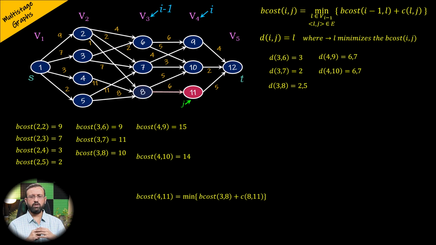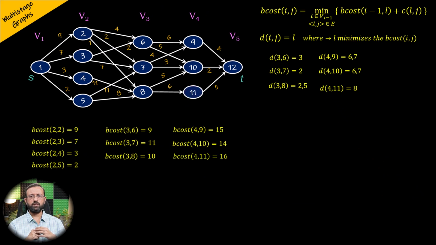So the b cost of stage 4 and vertex 11 is equal to the minimum of b cost 3 comma 8, which is 10, plus the cost of the edge 8 comma 11, which is 6. So 10 plus 6 is 16, and is the minimum cost, which is through vertex 8. Therefore, d of 4 comma 11, where 4 is the stage and 11 is the vertex, will be vertex 8. That minimizes the cost 4 comma 11. So we have computed the b cost of the path of all the vertices in stage 4.